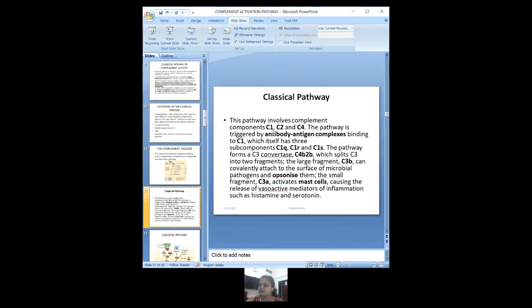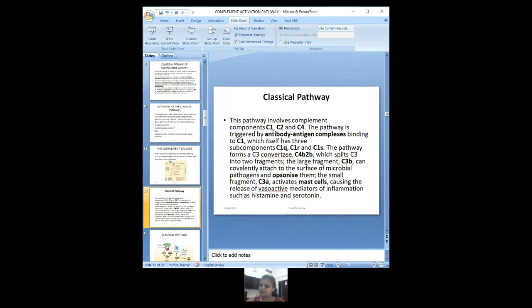It consists of a recognition molecule, which is C1q, and it also consists of a tetrameric protease complex, that is C1r2s2, because it is a tetrameric complex. It has serine protease domains tightly packed in the center of this complex.